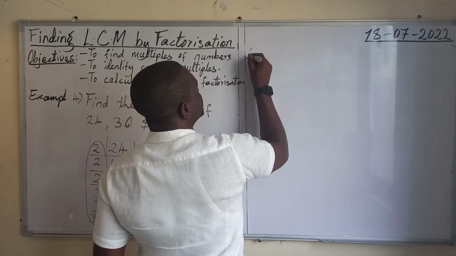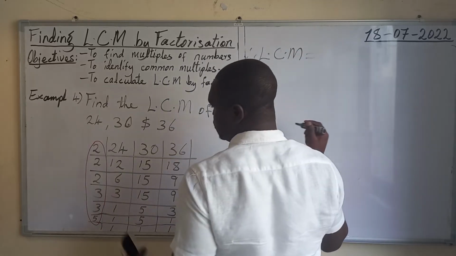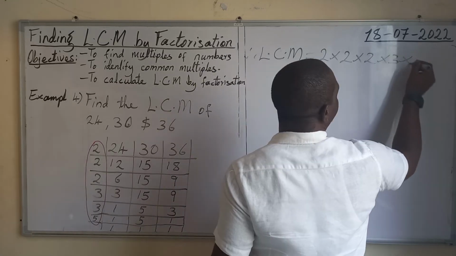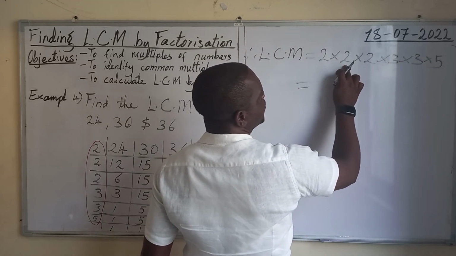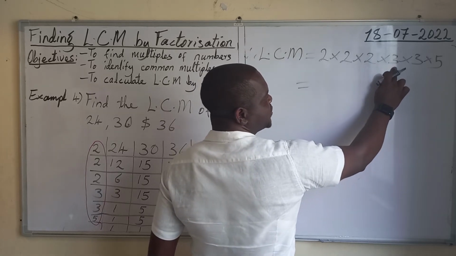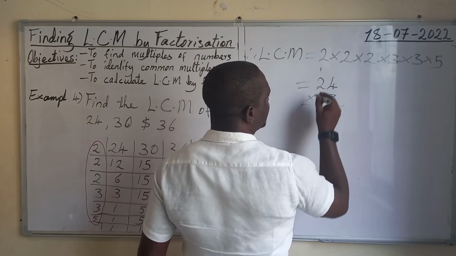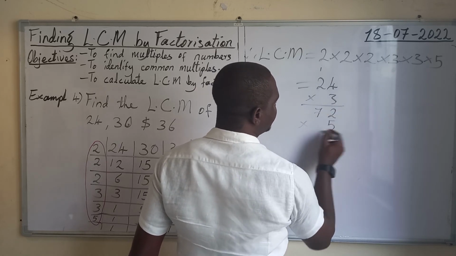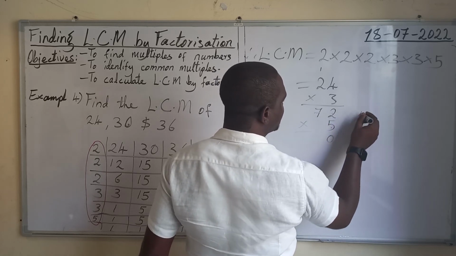That will be, therefore, L.C.M will be equal to 2 times 2 times 2 times 3 times 3 times 5, which is equal to 2 times 2, 4, 4 times 2, 8, 8 times 3 will give us 24, 24 times 3, 4 times 3, 12, carry 1, 6, 7, 72 times 5, 2 times 5, 10, carry 1, 7 times 5, 35 plus 1, 36.